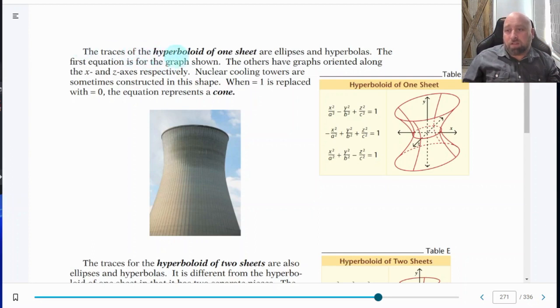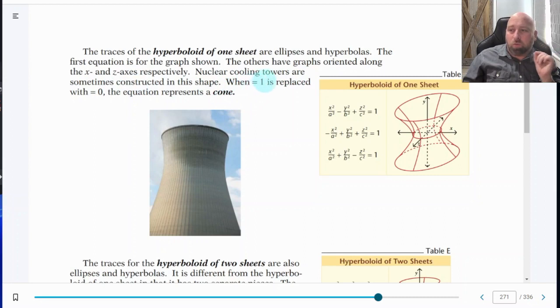The traces of the hyperboloid of one sheet are ellipses and hyperbolas, okay? We actually did one of these in the last lesson. The first equation is for the graph shown. The others have graphs oriented along the x and the z axis. Nuclear cooling towers are sometimes constructed in this shape.